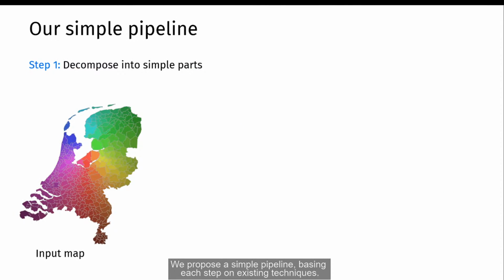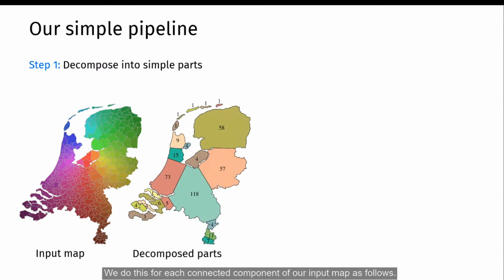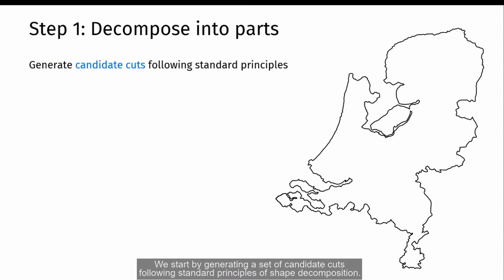We propose a simple pipeline, basing each step on existing techniques. As the first step of our pipeline, we decompose our complex input map into simple parts. We do this for each connected component of our input map as follows. We start by generating a set of candidate cuts following standard principle shape decomposition.